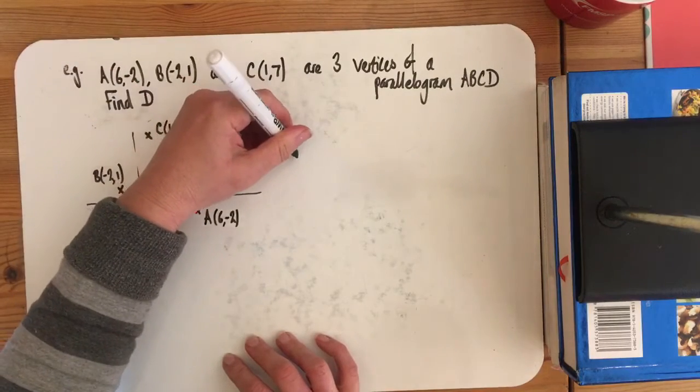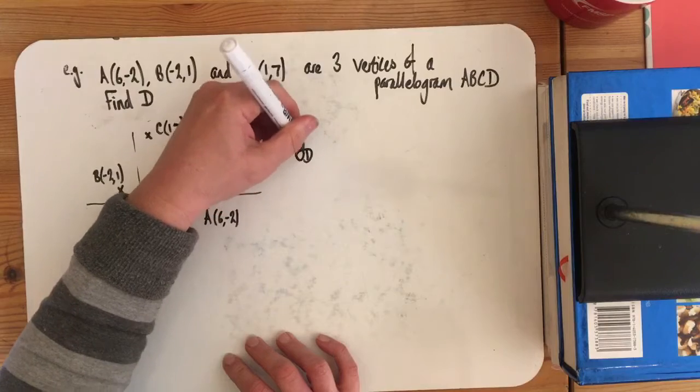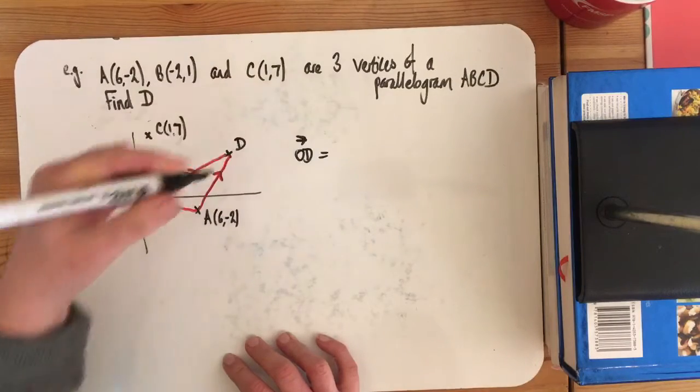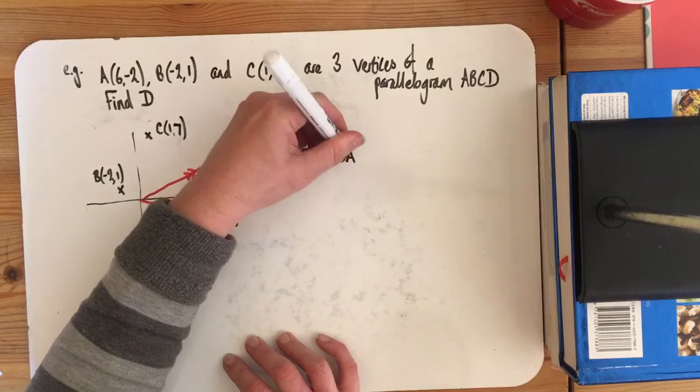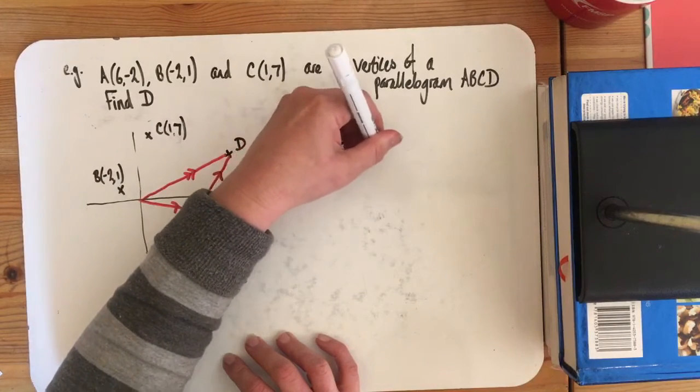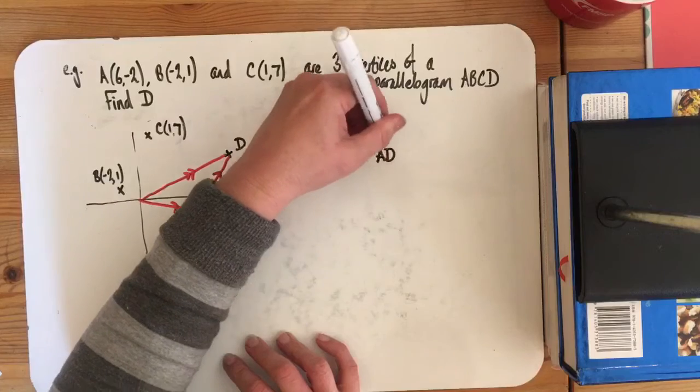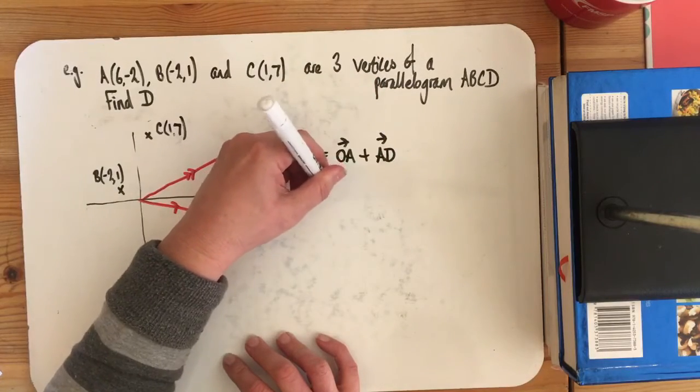So O to D is equal to OA plus AD because it's a parallelogram.